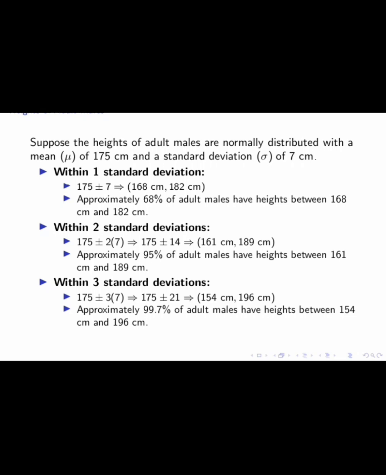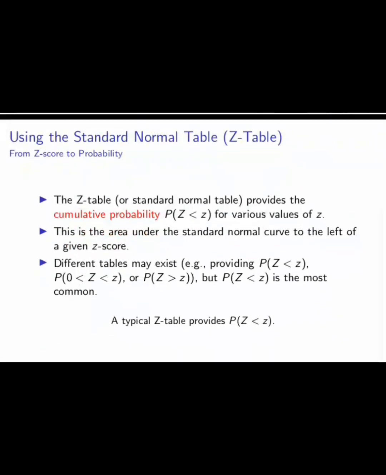Are you getting me? So now let's use the standard normal table, the Z table, to calculate our results. The Z table, or standard normal table, provides what we call the cumulative probability. Now when we say cumulative probability, it means that we have two symbols, capital letter Z and small letter z.